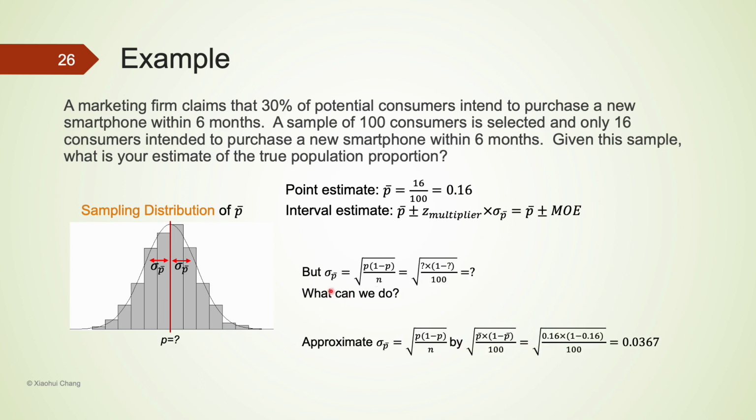To calculate the standard error, we would need to use the population proportion p here. Unfortunately, we do not know p. We would approximate p using p bar instead, the sample proportion, and 0.16 in this particular example. Plugging all the numbers into this formula, we obtain the standard error, sigma p bar, is 0.0367.